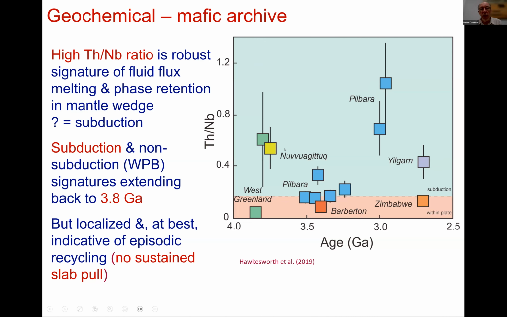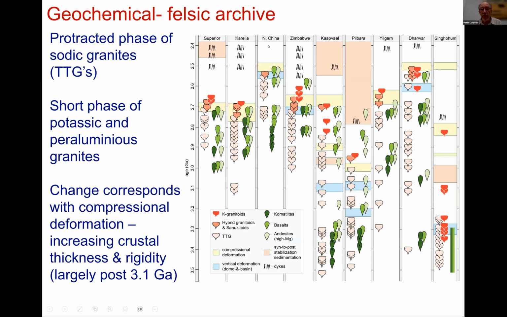Now, I've come back to this diagram with different compilations for the different cratons, and we talked about the dikes. Associated with the dikes are these sedimentary basins that we also talked about, and regional deformation events shown in yellow. So we see a kind of an orogenic history here for these cratons of stabilization in the late Archean.